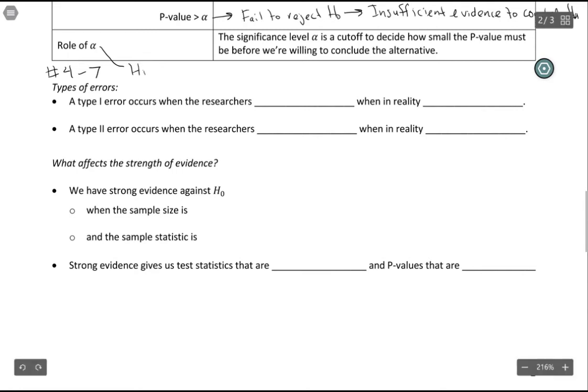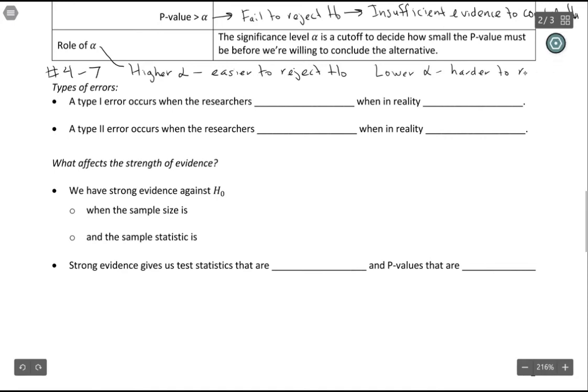So if your alpha level is higher, a higher alpha means that it's easier to reject the null, right? Because you reject the null anytime your p-value is lower than your alpha. So the higher your alpha is, the easier it is for your p-value to get underneath. Okay? Whereas a lower alpha makes it harder to reject the null.